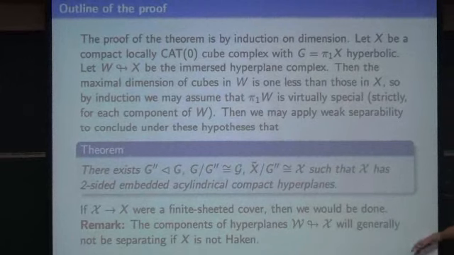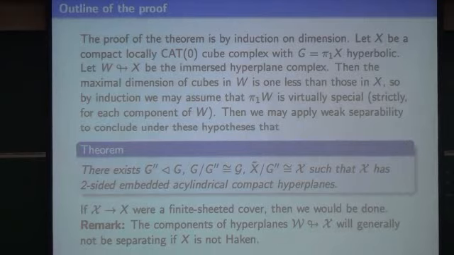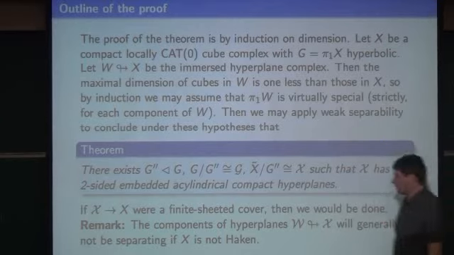If it were a finite sheet cover, we'd already be done, because now we have these embedded hyperplanes corresponding to these, well, in the three-manifold case, they correspond to embedded surfaces, and we would have produced a Haken cover. Well, we actually want to prove it's virtually special, but then applying Dani Wise's theorem again, we can conclude it was virtually special. But generically these hyperplanes in this covering space will not be separating if X is not Haken.